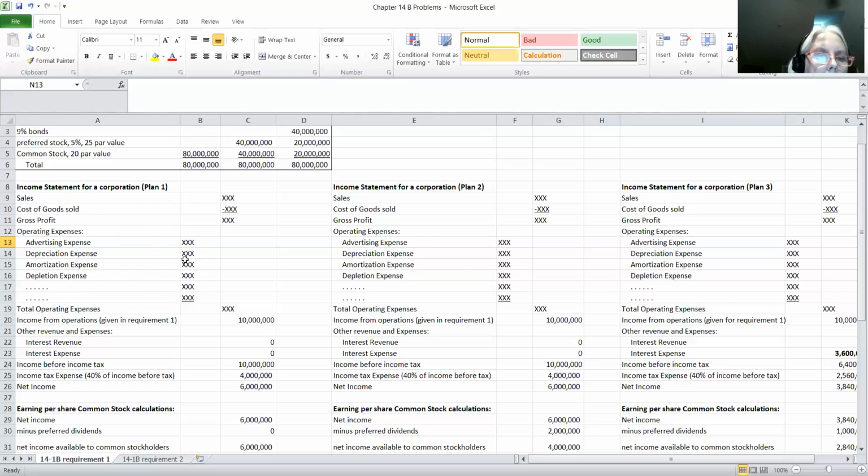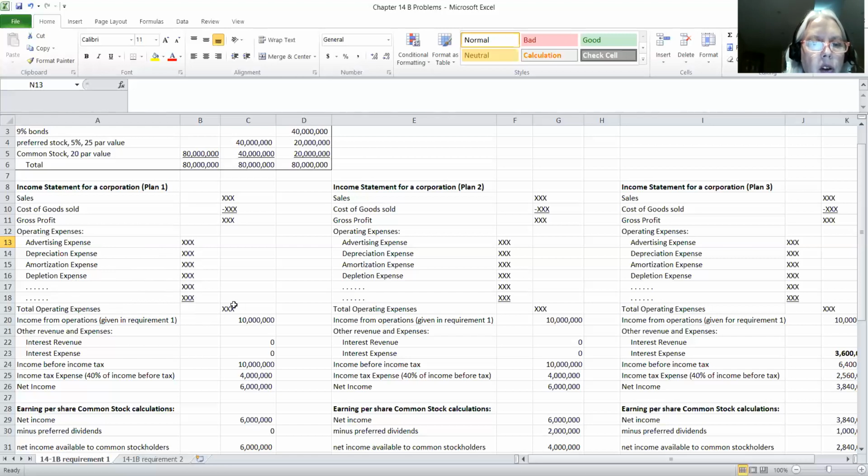So our operating expenses would consist of things like advertising expense, depreciation expense, amortization expense, depletion expense. Some of these accounts you learned about in a previous chapter in this course. So I wanted to put those in there so you'll see where they belong. And then there would be many other operating expenses that I did not list.